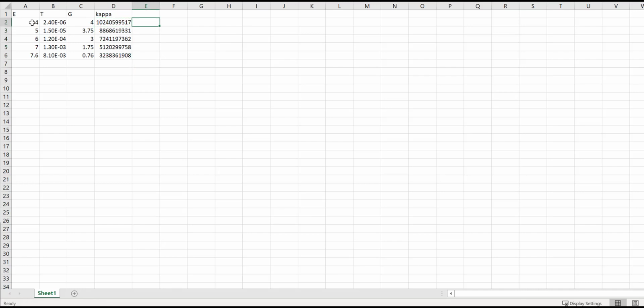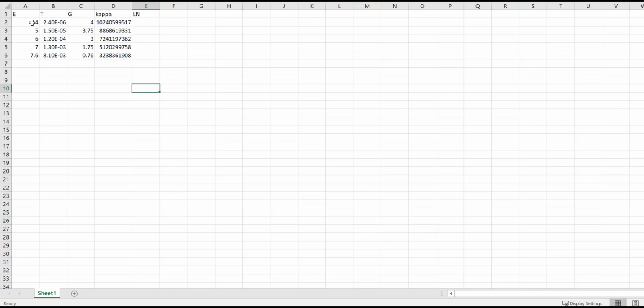Now we're going to take the ln of T over G. We're going to find T first, and T is here, and kappa is here. So we're going to find in here the ln. Let me just test this ln business because I'm not confident.